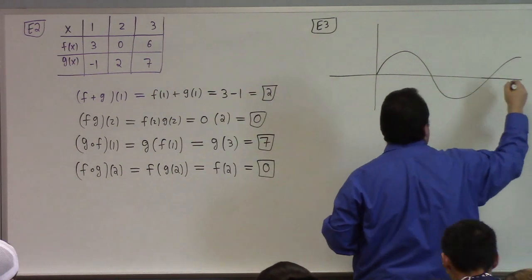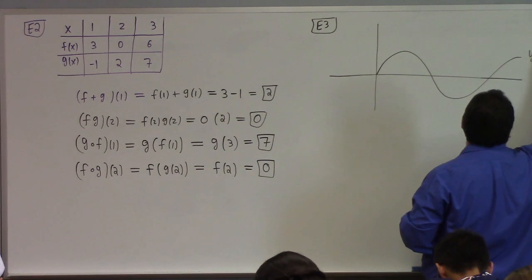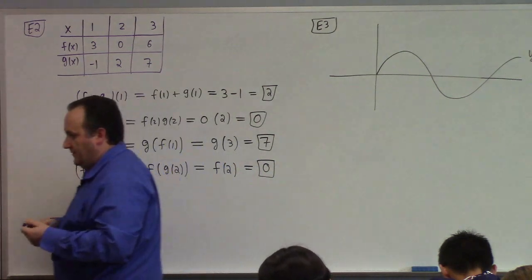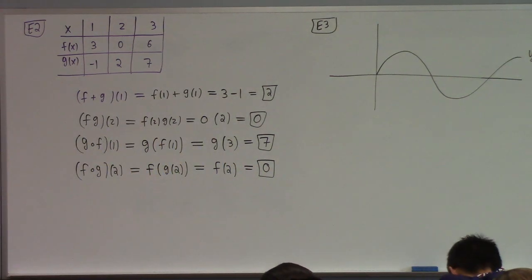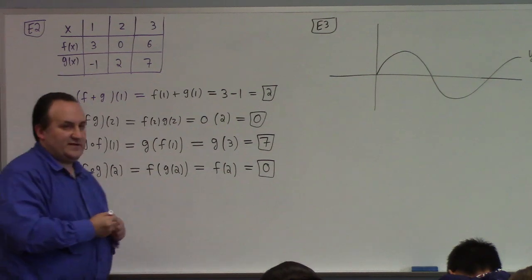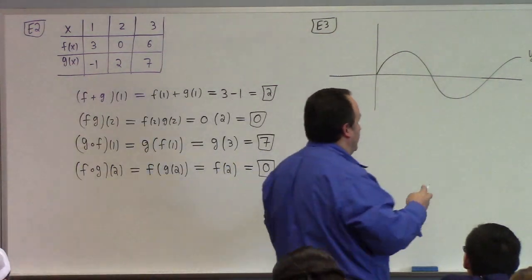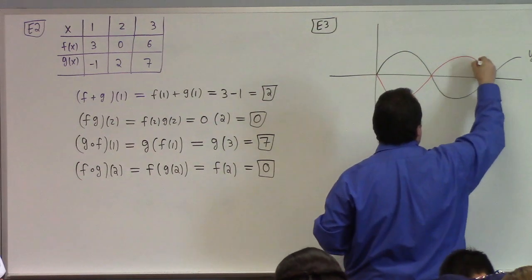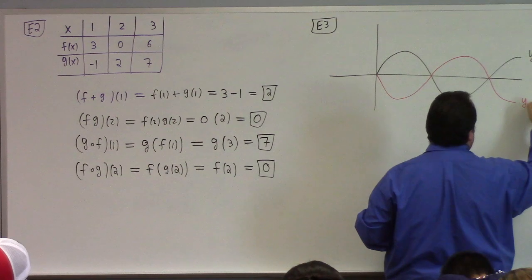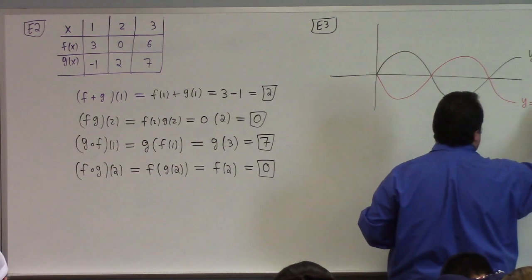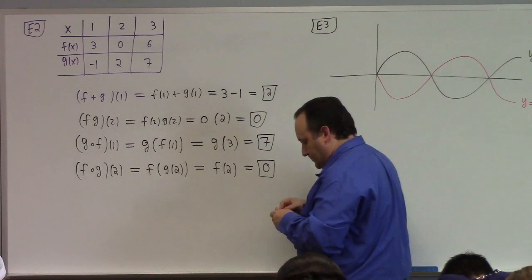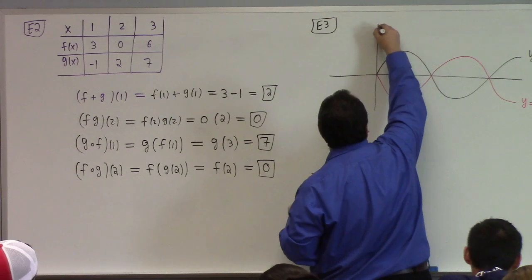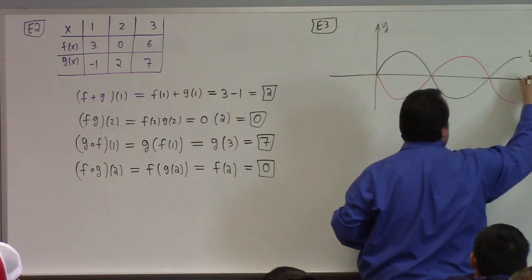So this might be a function. Here's y equals f of x. And I might have another function which is formed by the reflection of that across the x-axis. So it might look like this. Here's y equals g of x. Okay? So for this example, something kind of interesting happens if we add the functions.